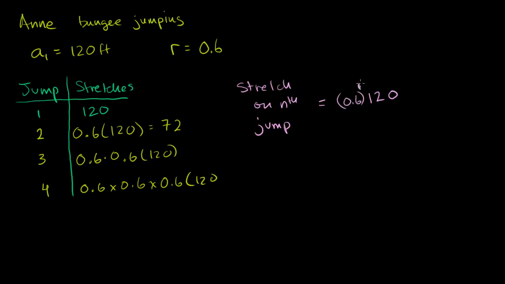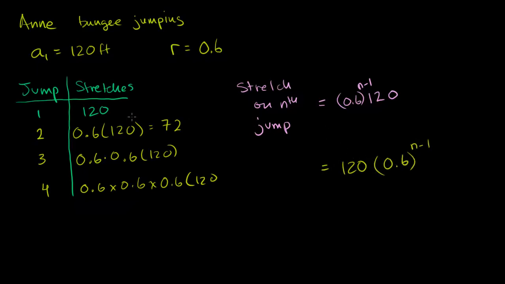To the n minus 1. Now how did I get this? Let me write this a little bit neater. This is equal to 120 times 0.6 to the n minus 1.